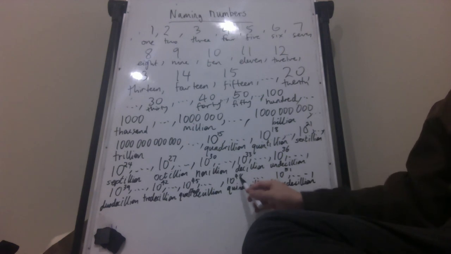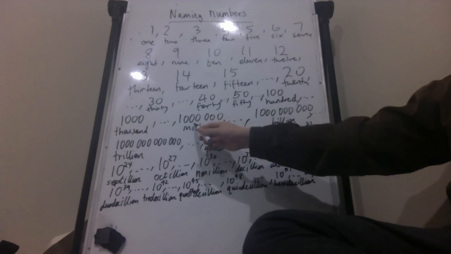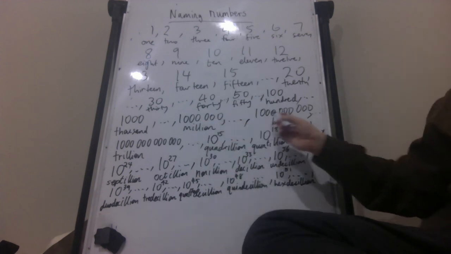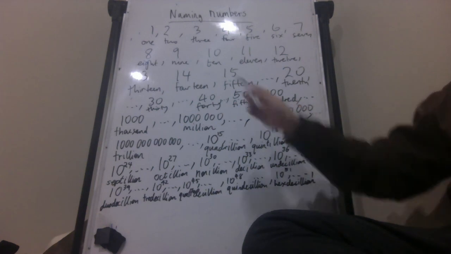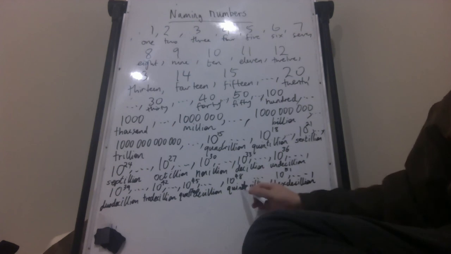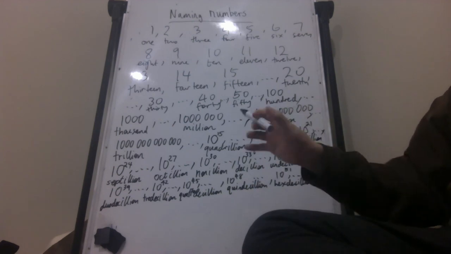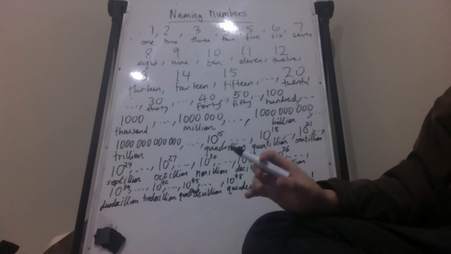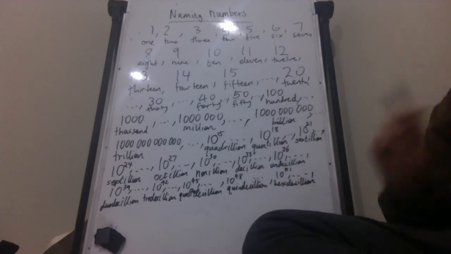So the first 3 gives you a million, the second 3 gives you billion. So you're adding lots of 3s more than 1,000. So that's the rule: whatever number goes here, you times by 3, and that's how many zeros you have on top of the 1,000.